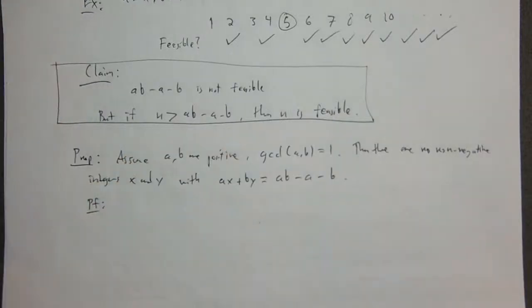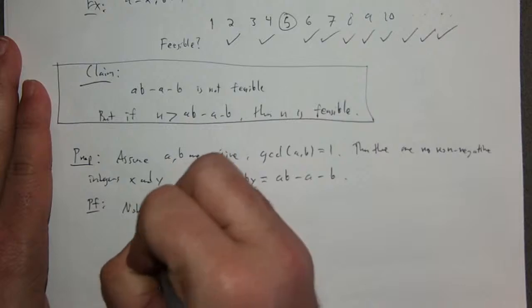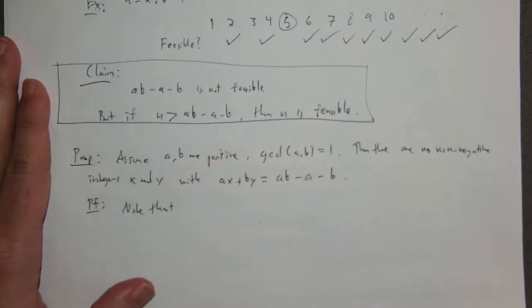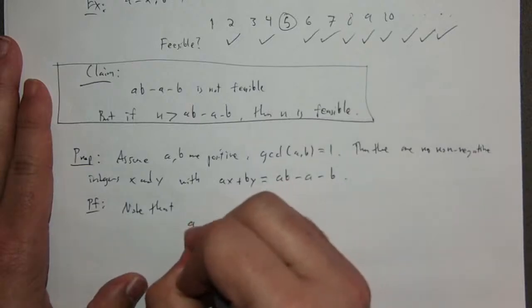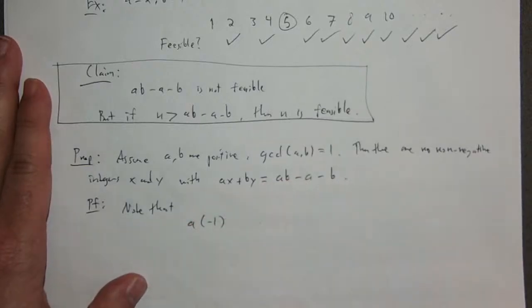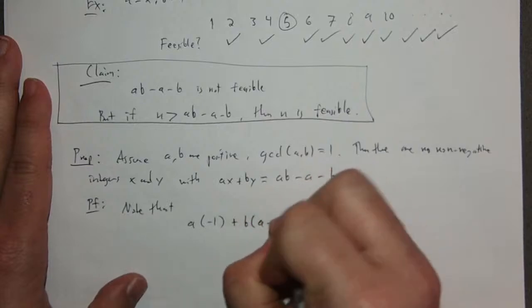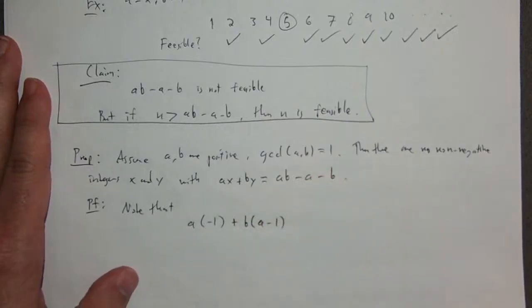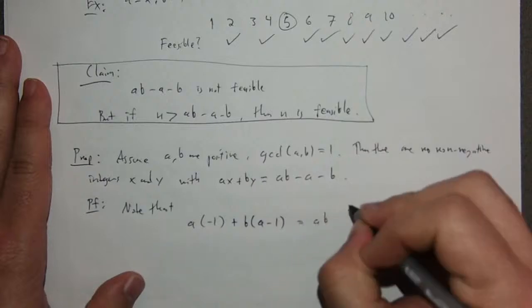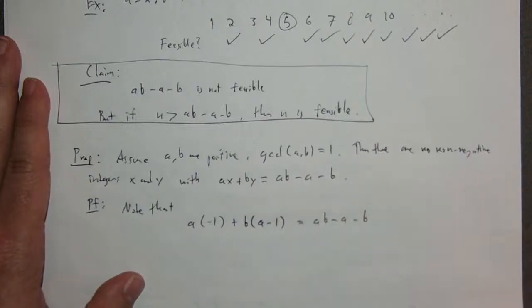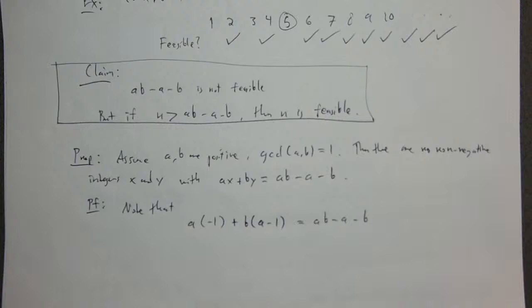So, proof. Some standard algebra trickery here. Note that this right-hand side has a particular form. So a times minus 1 plus b times a minus 1 actually is ab minus a minus b. Okay.